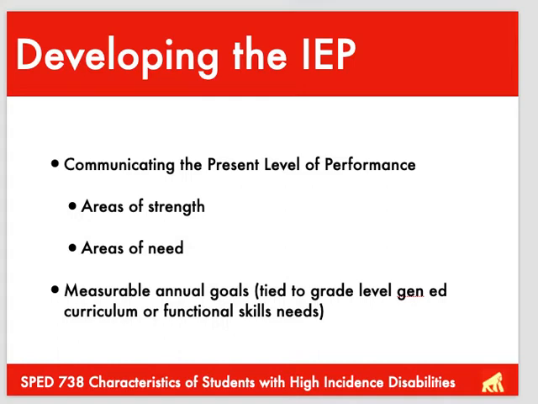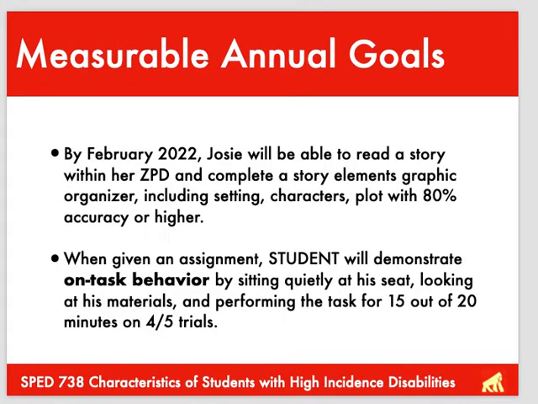In those functional skills, if we've identified an area of need, we need to address those with a goal or with some kind of supplementary aid or service to address that functional skill. And we'll take a look at some real specific examples of what those supplementary aids and services look like here in a minute. So I want to give you an example of a couple different measurable annual goals, okay?